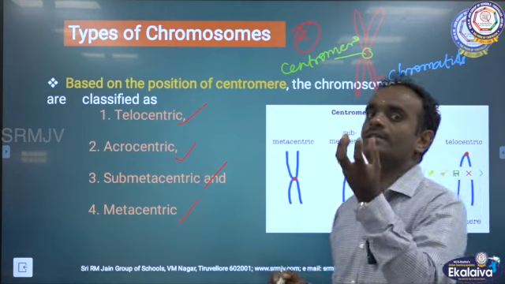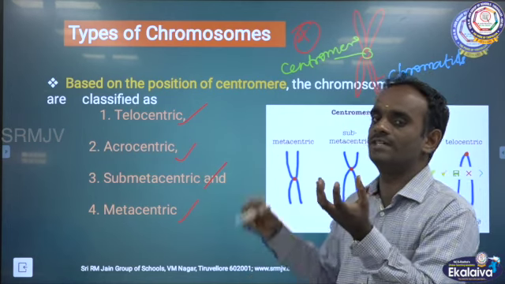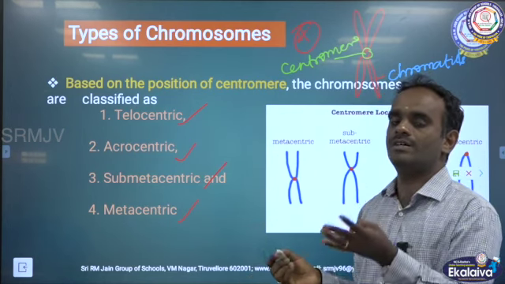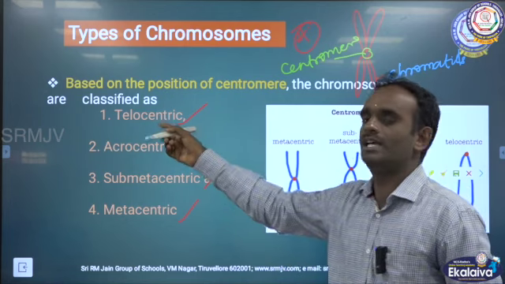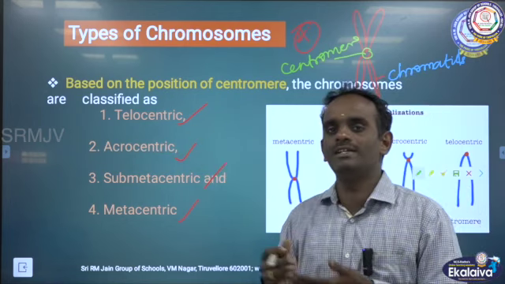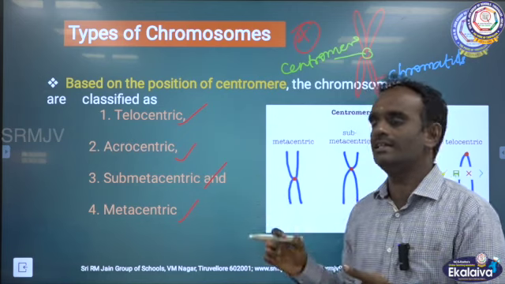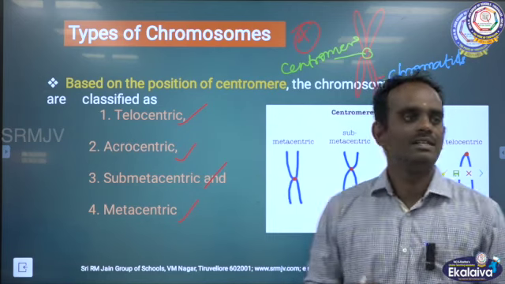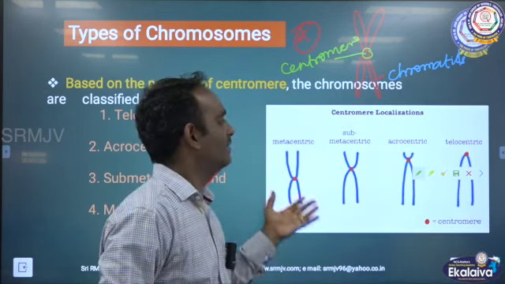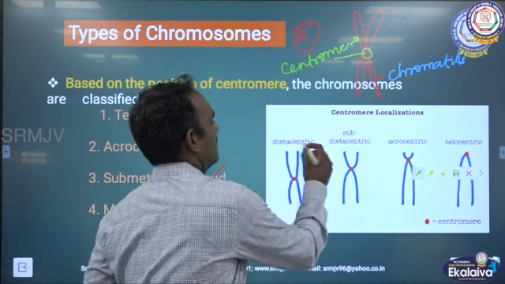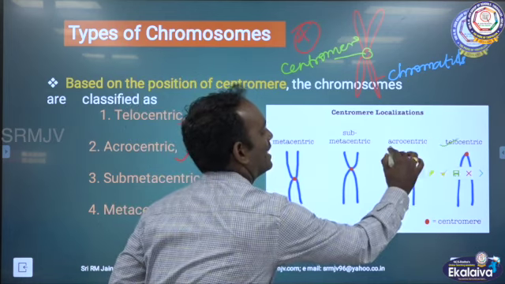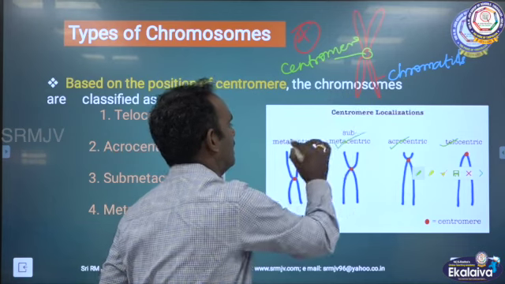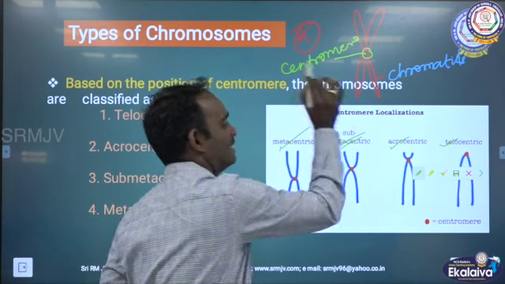So, on the basis of the position of centromere, chromosomes are of 4 types. One is telocentric, second is acrocentric, third is submetacentric and fourth is metacentric. See the picture here, later on I will explain.